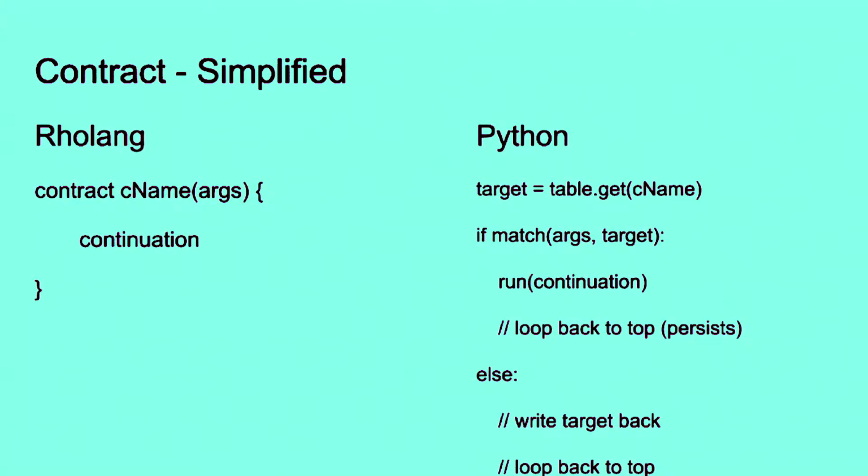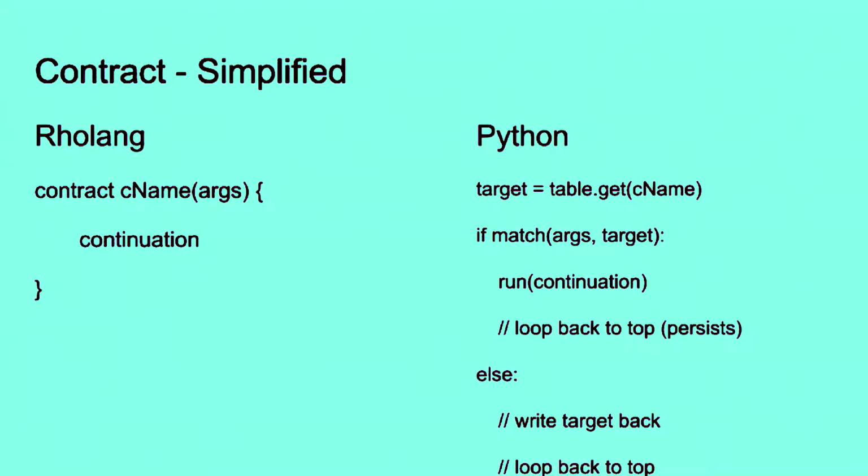To be concrete about that, when it matches something and creates an actual copy, it's waiting there again to receive more inputs at that same name. I'm translating that into Python pseudocode here. If it matches, we loop back to the top and continue to listen for new things coming on the contract name.